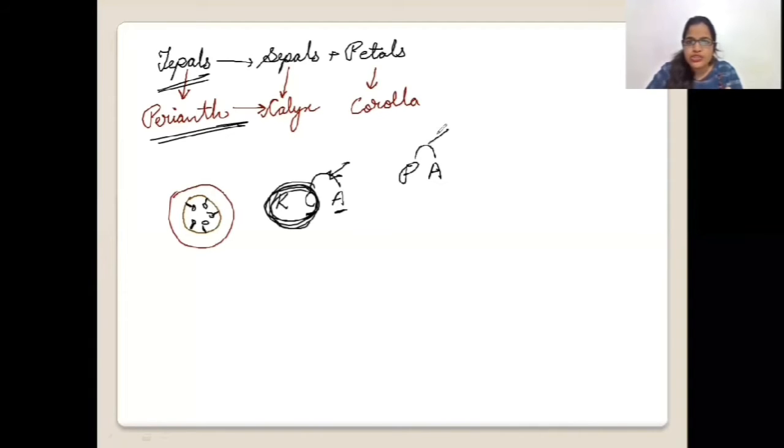So this arc shows that the two whorls are connected. So what do we conclude here? If different parts of the same whorl are fused, we use brackets, but if the parts of two different whorls are fused or connected, we use an arc.